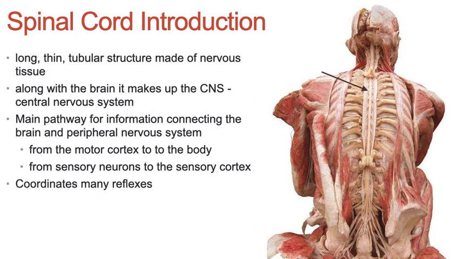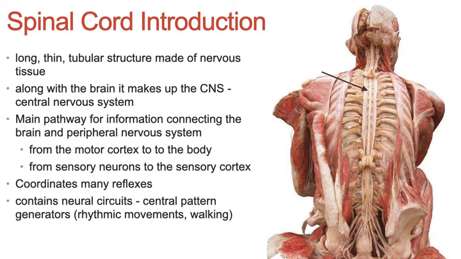It's also the center for coordinating many reflexes, and it contains reflex arcs that can act independently and control reflexes. It also contains neural circuits, which are called central pattern generators. And what these do is they're responsible for controlling motor instructions for rhythmic movements such as walking.